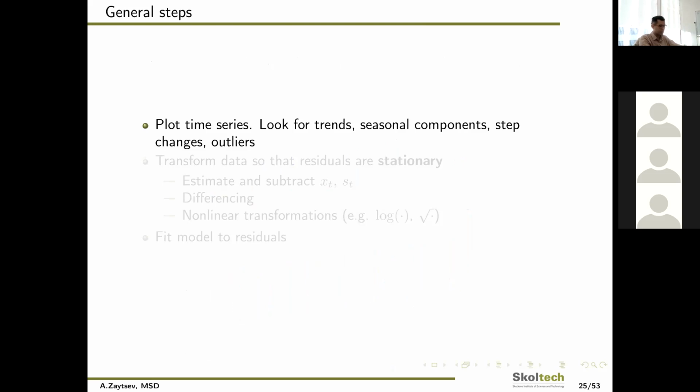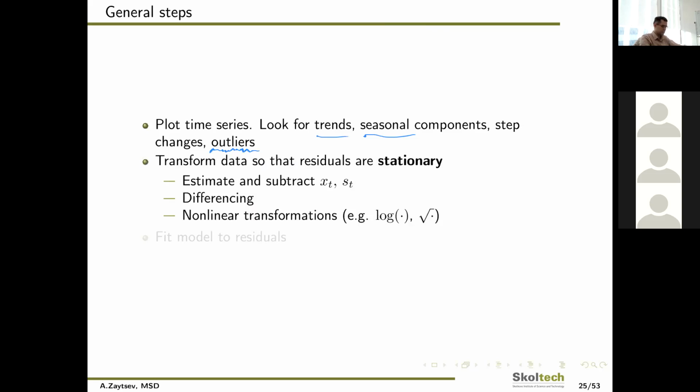For example, do they have some missing data, trend, seasonality, and so on. This is what we usually look at, but maybe we can have some peculiarity specific to your particular data also. As in other machine learning problems, we look for outliers, but typically it's hard to deal with them.